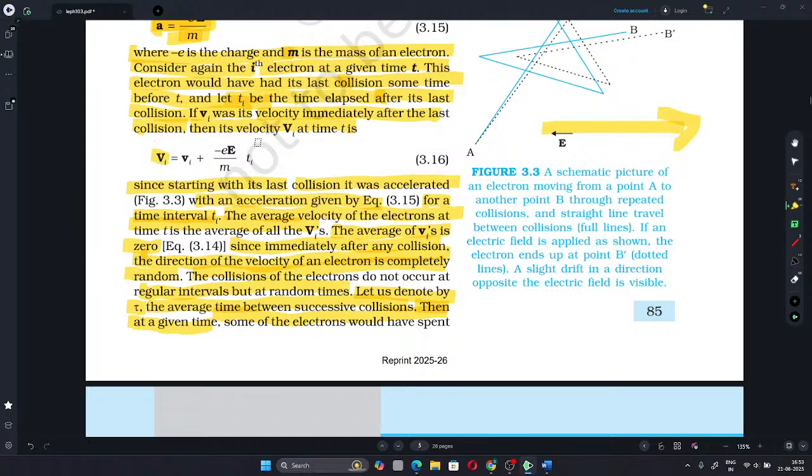Wait, this is the velocity before collision, not after collision. This is the velocity before collision, and this vi is the total average velocity of all the electrons.